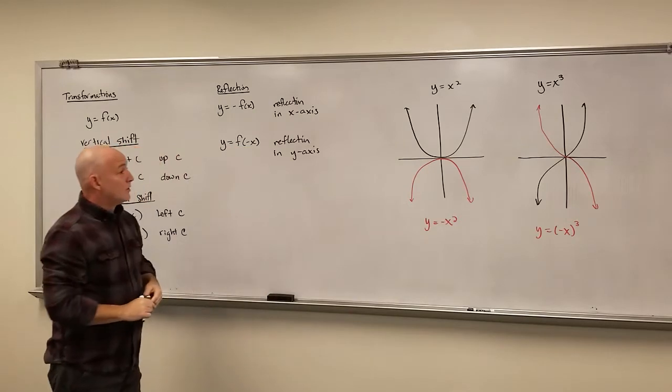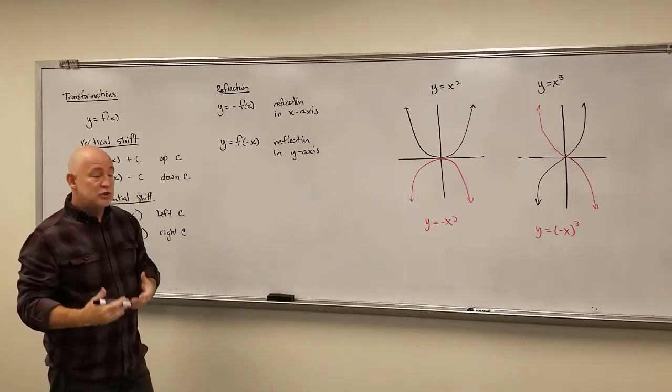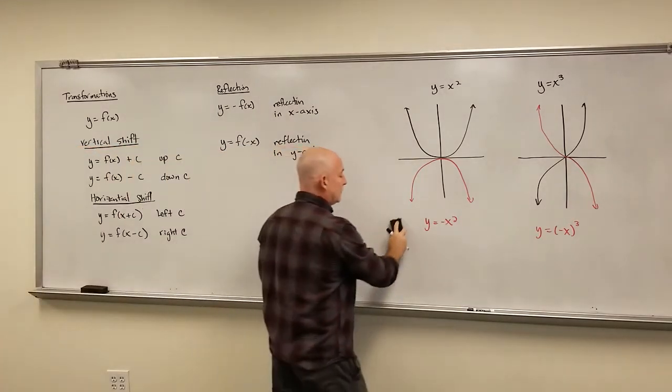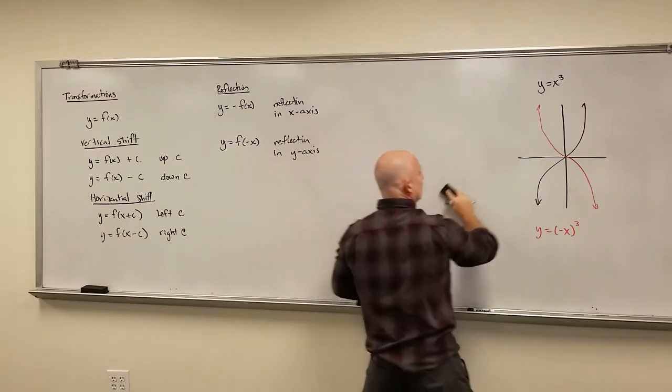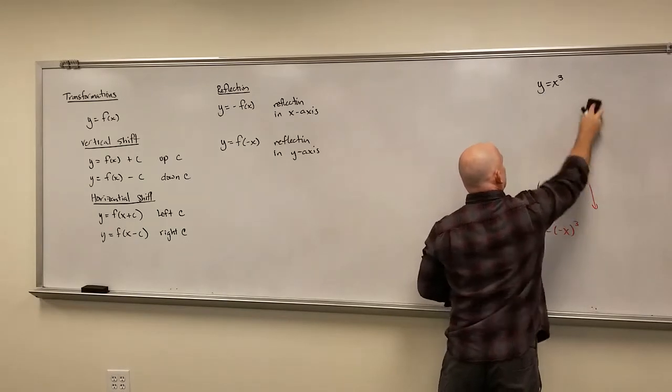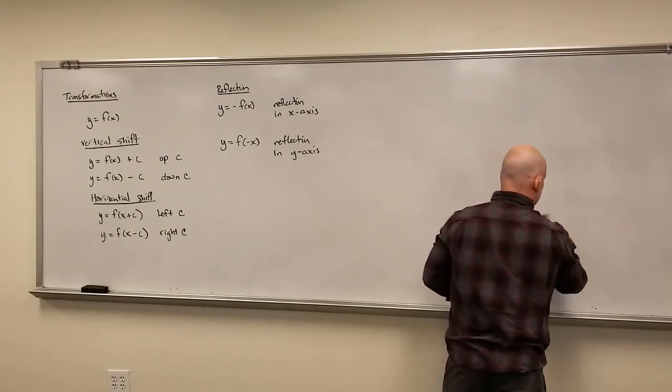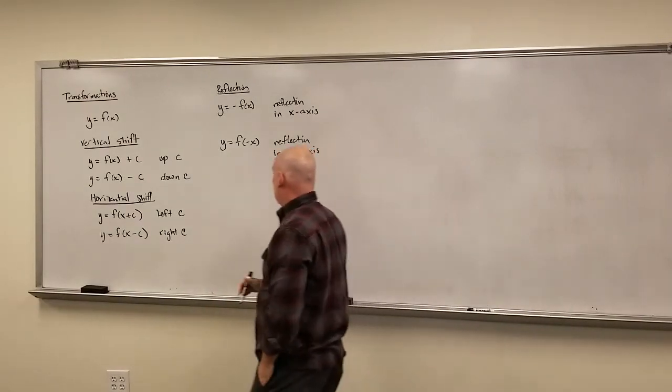The next things we're going to take a look at actually change the shape of the graph. This is either going to be called stretching or narrowing, or it goes by a lot of different names. The idea is we're going to change the basic shape.